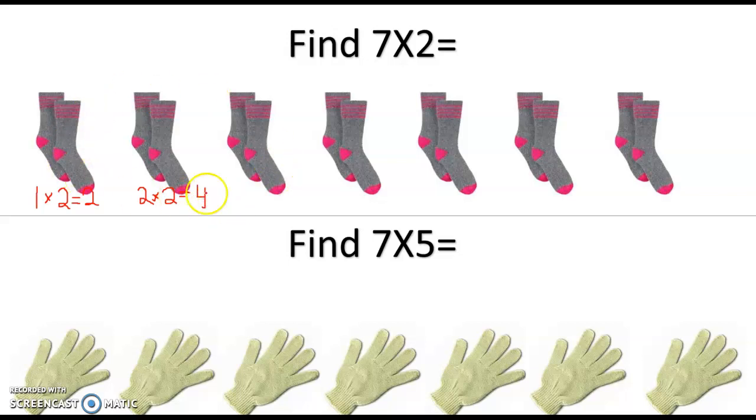What if I had 3 pairs of socks? I've got 3 pairs, 2 socks in each pair. 2, 4, 6. I've got 6 socks altogether.